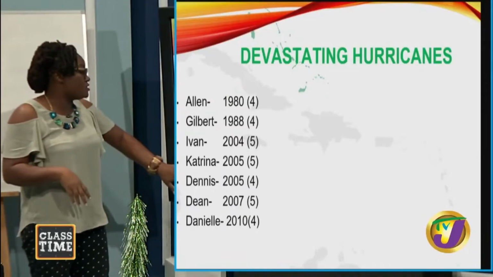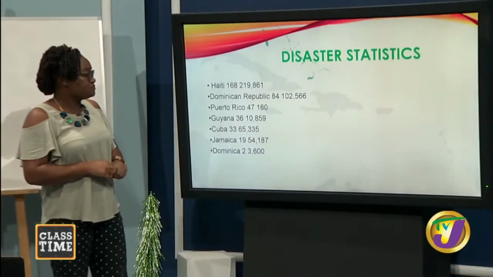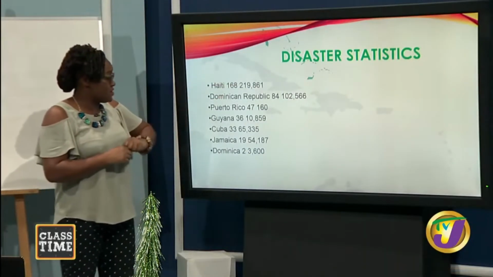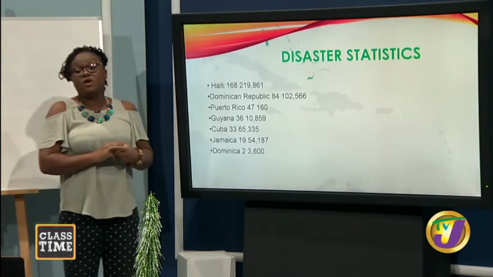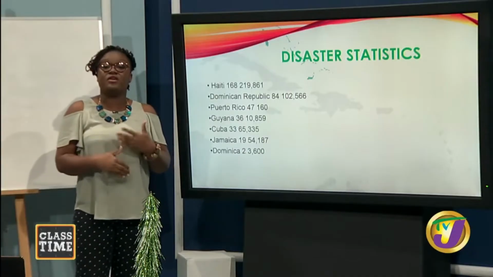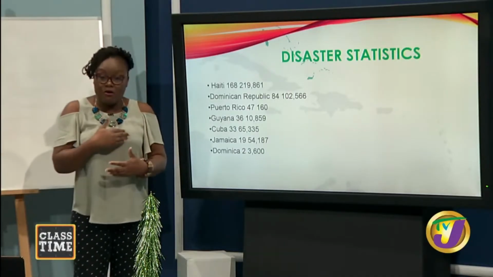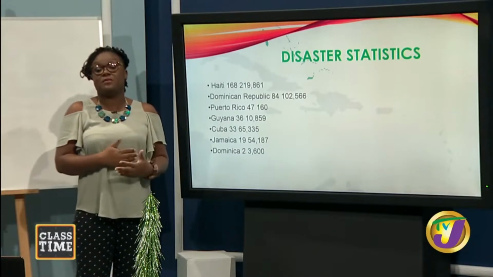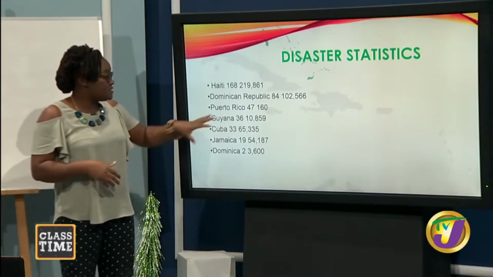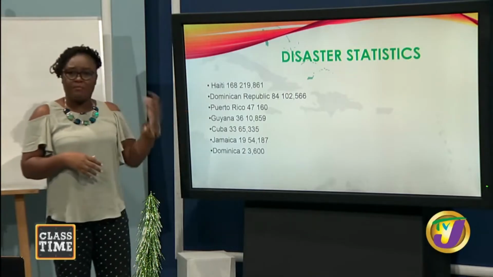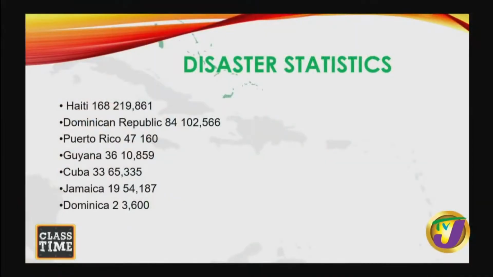Climate change is causing a number of these things. We have some disaster statistics here. And if you notice Haiti's statistics, because for some reason or the other, there have been a number of disasters that have taken place with Haiti, hurricanes, earthquakes, and so on. All right, and this is over a period of about 5 years or so.